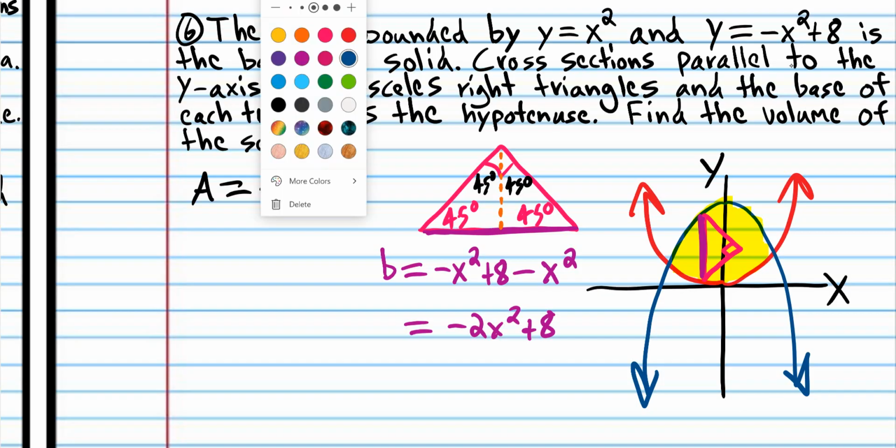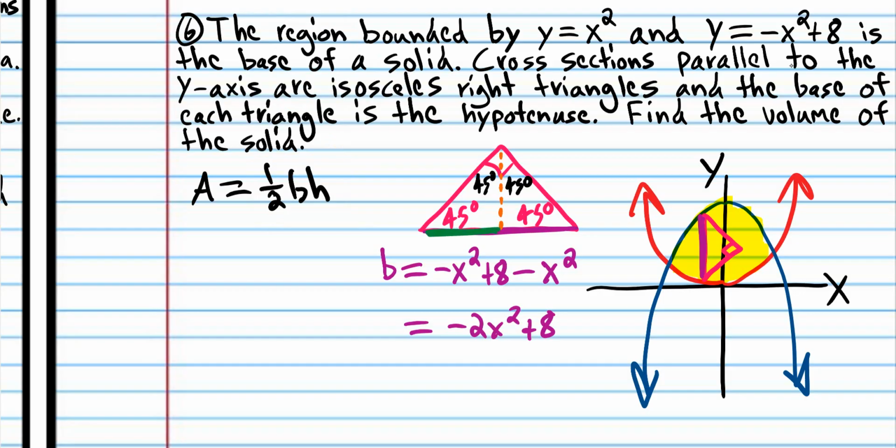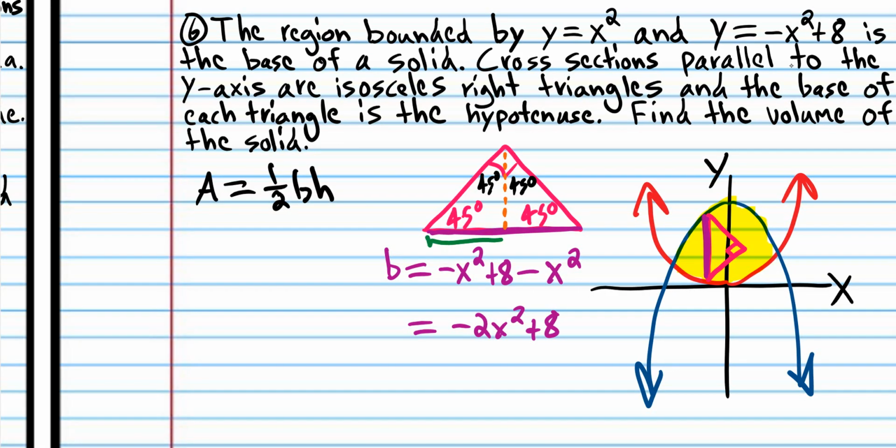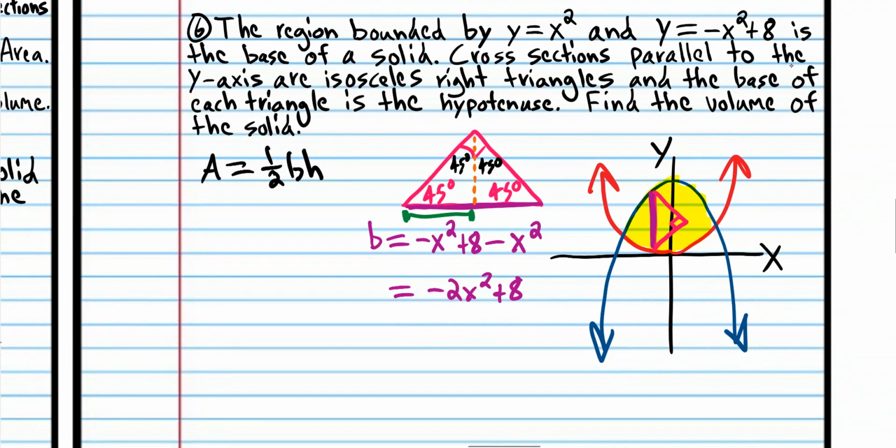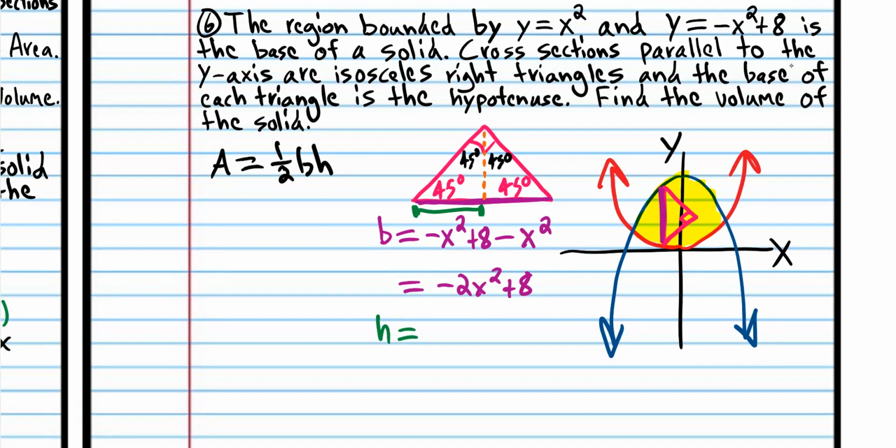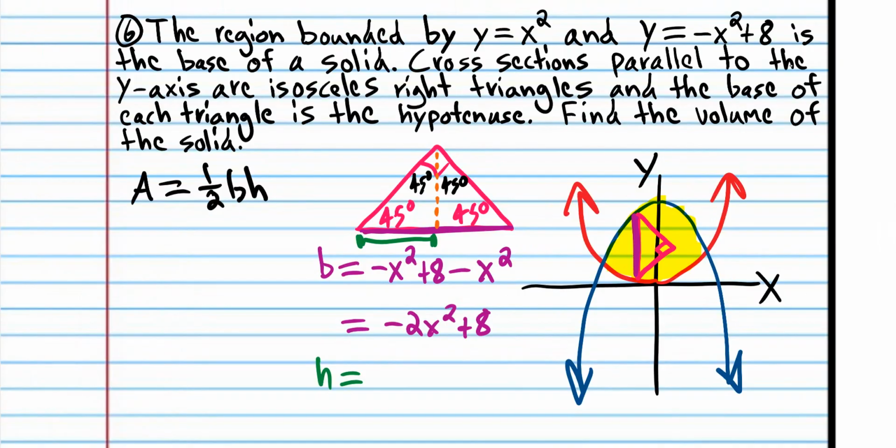Alright, so this green length here, I'm going to draw it down here, that's 1/2 of the purple length, right? But that green length is the same as the orange length. In fact, I'm just going to make it the same color because, again, this triangle here is a 45, 45, 90, which means that the legs of the triangle are the same.